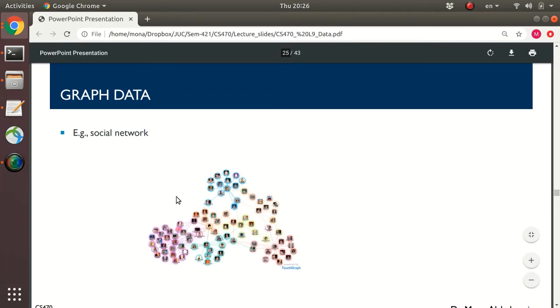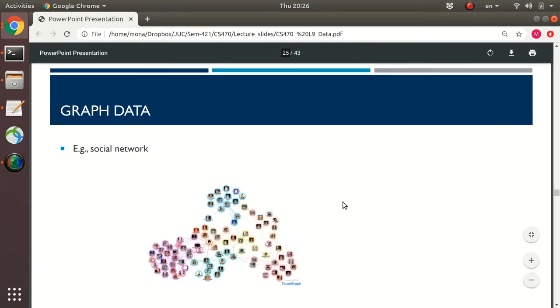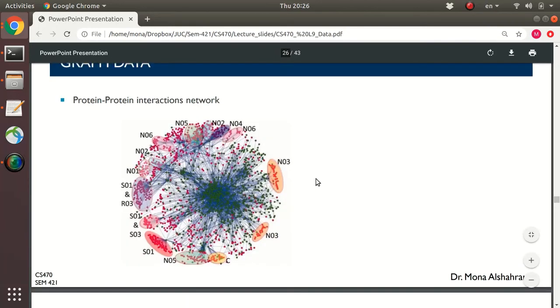Also, in terms of biological data, we have protein-protein interaction networks, where the nodes represent the proteins and the edges represent their interactions. Here is an example. We have a number of proteins, and they involve a lot of interactions between these proteins.